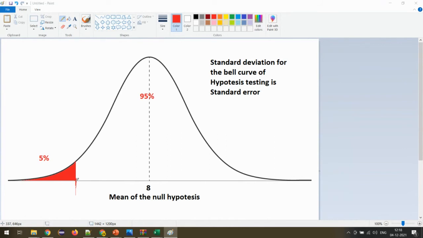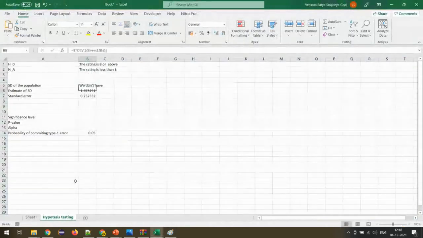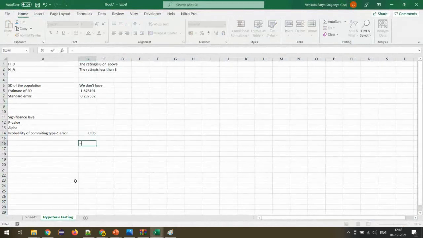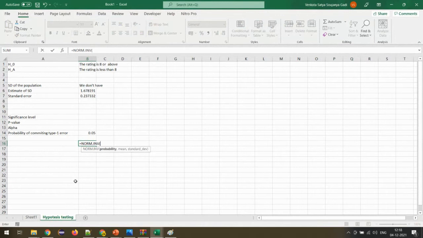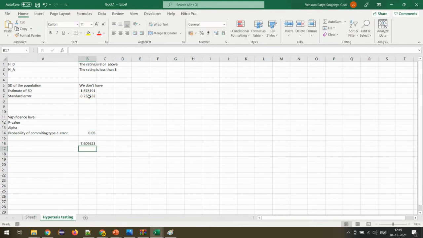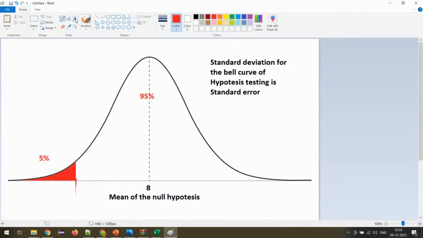By applying the inverse of the normal distribution. We know the probability is 0.05, we know the mean is 8, and the standard deviation is the standard error. So how much is it? It is 7.6. So this value here is 7.6.